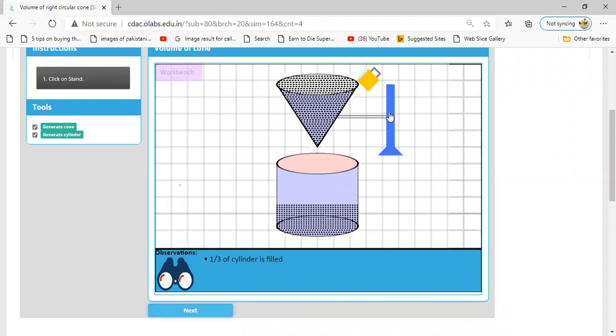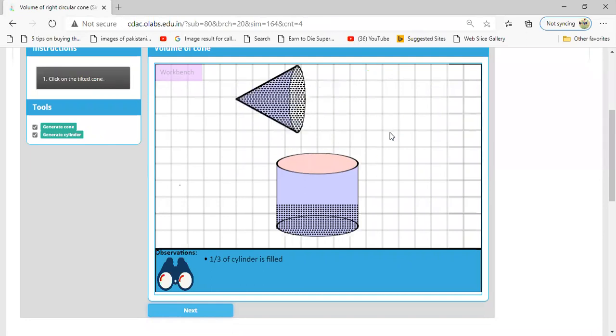Now click on this right side. Then okay, now click on it.